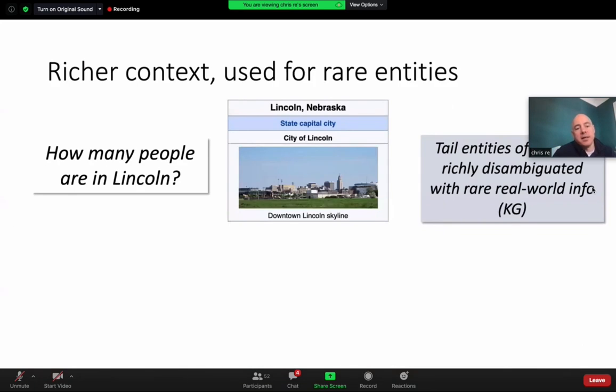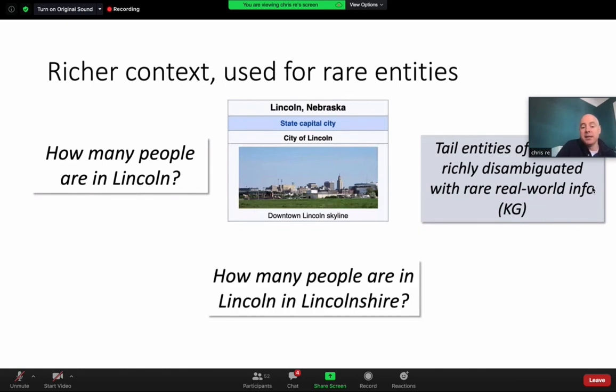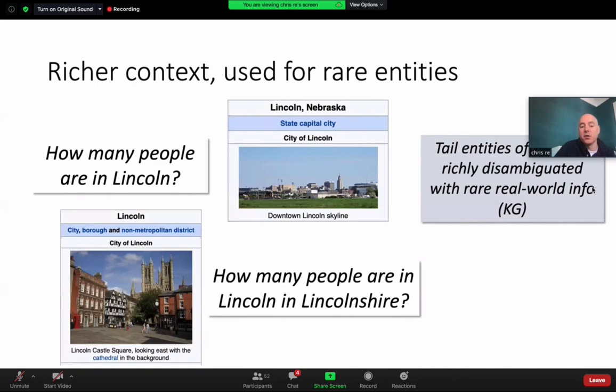Now, one other bit here is that richer context is often used for rarer entities. And this is another way that you can fool yourself. So if you're in the US and you say, how many people are in Lincoln? Well, that means Lincoln, Nebraska, overwhelmingly, probably you're referring to. But here, a tail entity would be Lincoln in Lincolnshire in the UK. So when you refer to that entity, you actually use these extra disambiguating phrases.